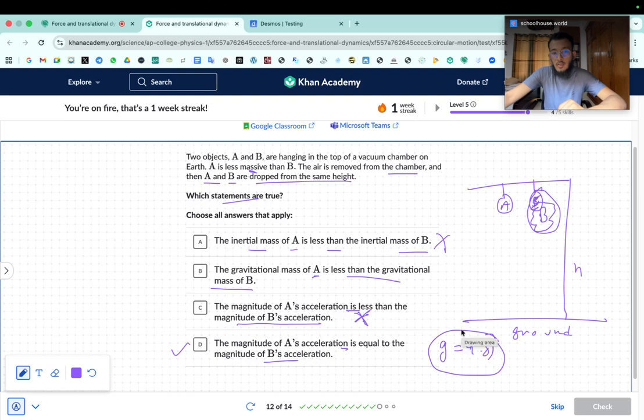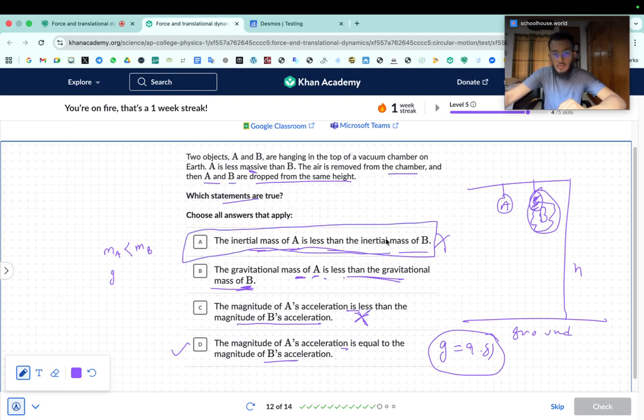Now, regarding whether the gravitational mass of A is less than the gravitational mass of B: this is true. Same for inertia. But in this case, we won't have any inertia; it is not applicable here.